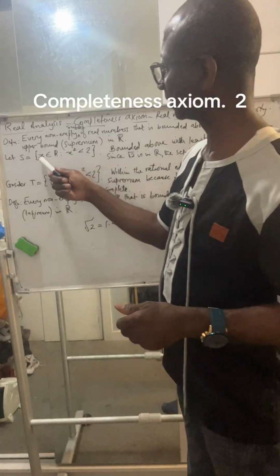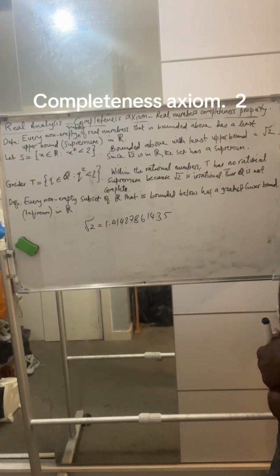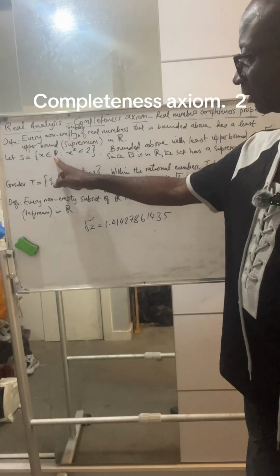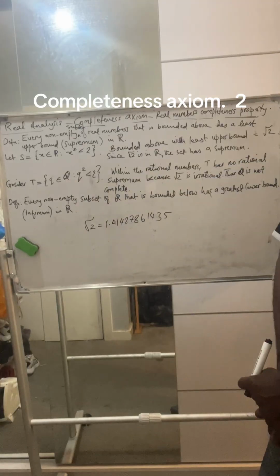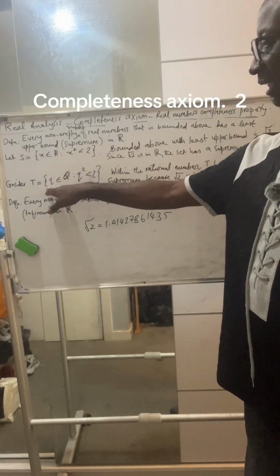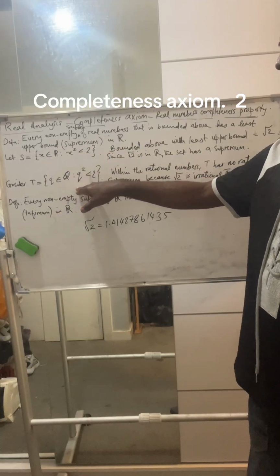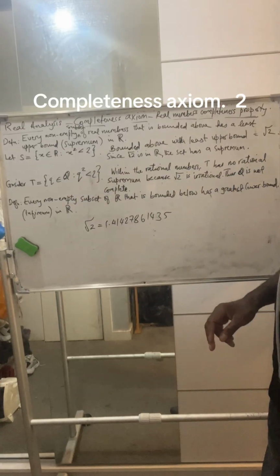Now compare this set and this set. What is different between them? What difference can you spot? This is in real numbers, R, and this is in rational numbers. So there is an element in the real numbers, and this is an element in the rational numbers, such that that element squared is less than 2.